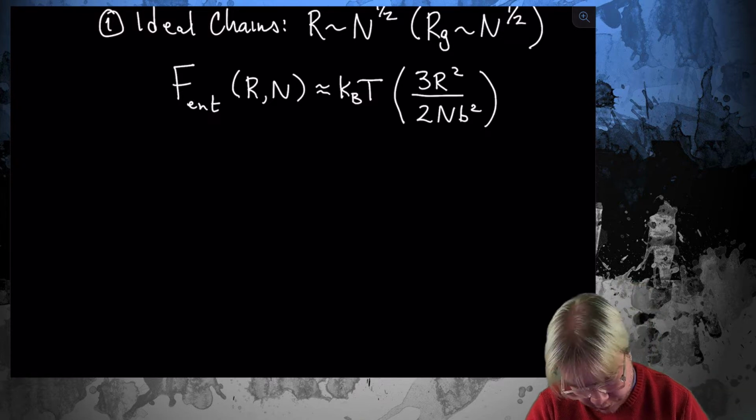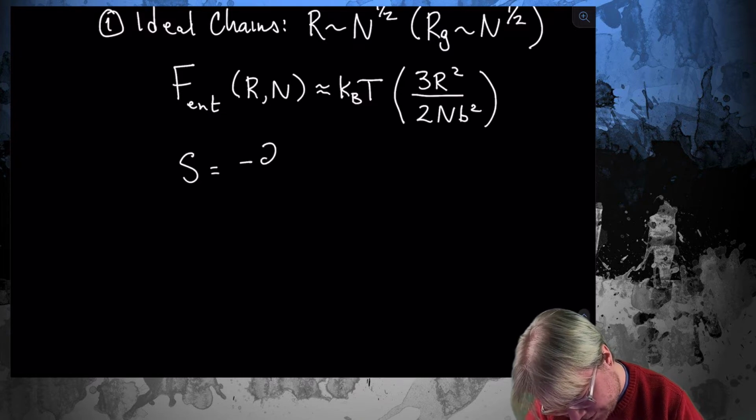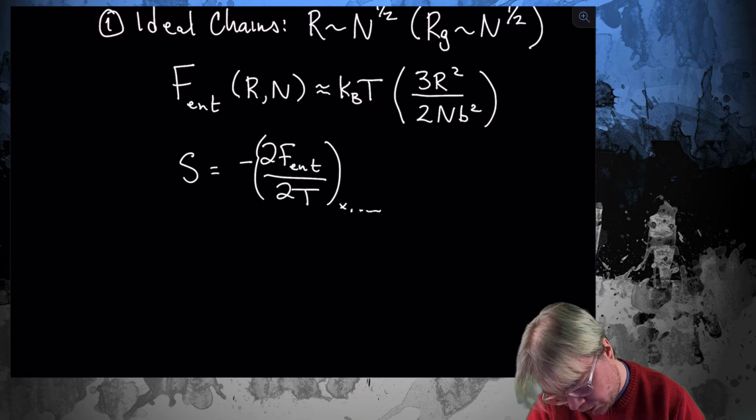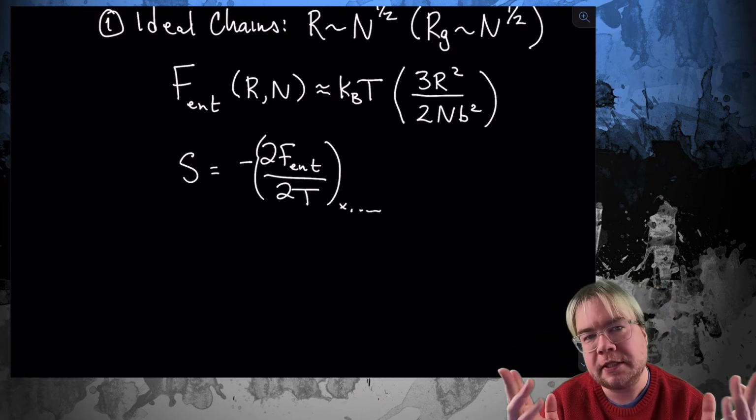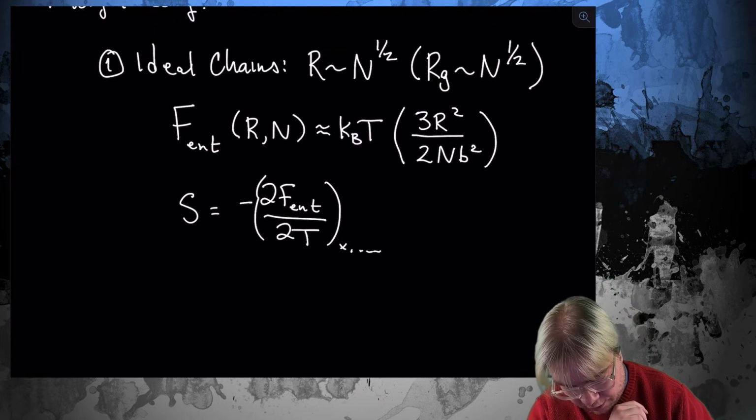And if you wanted, you could calculate the entropy of the chain, right? Because that's going to be minus the partial derivative of that free energy with respect to temperature, holding basically everything else constant. So that's an important concept to realize.